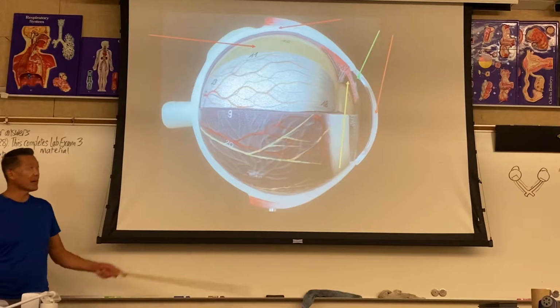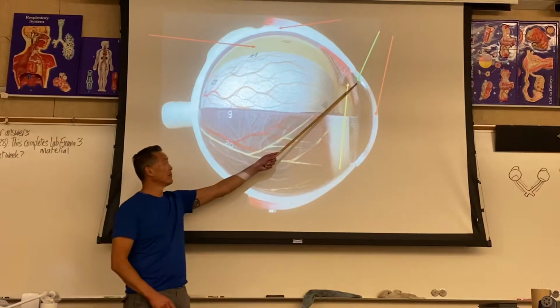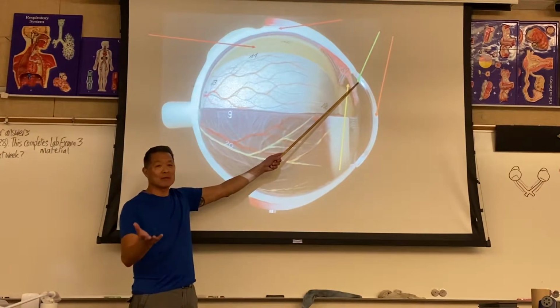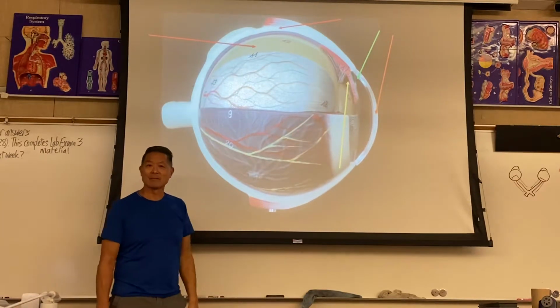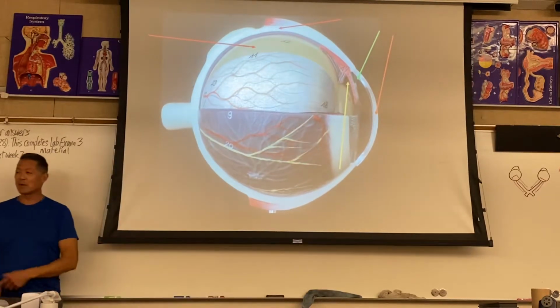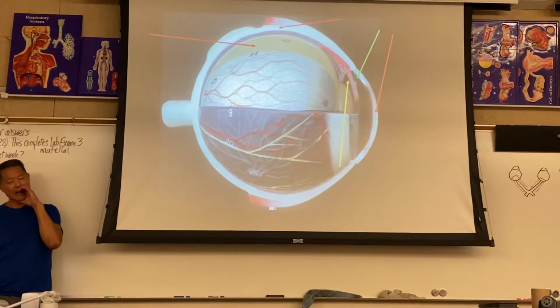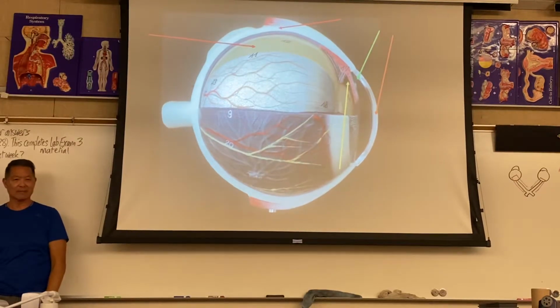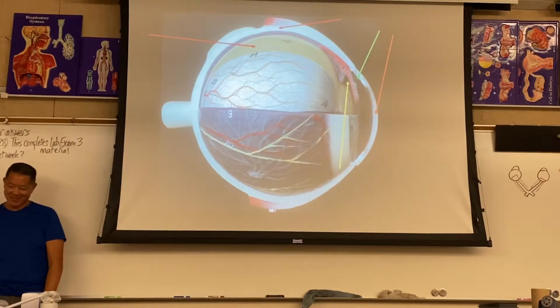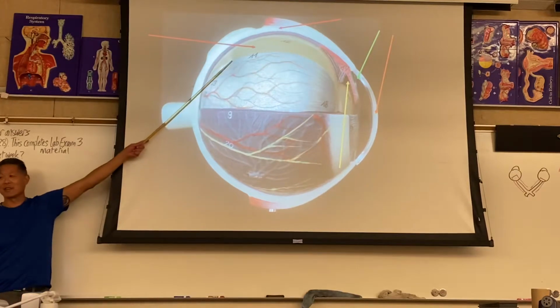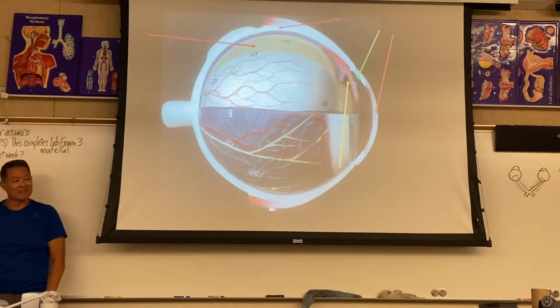Oh, look what we got here, though. Anterior chamber and posterior chamber. Both of those are part of the anterior compartment, and that would be orange. This is the posterior compartment.